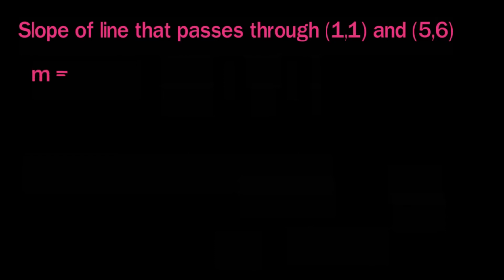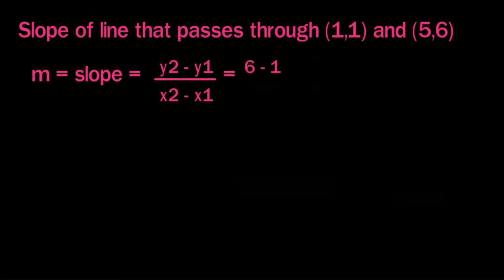The first thing we do is use the slope formula: y2 minus y1 over x2 minus x1. Here y2 is 6, y1 is 1, x2 is 5, x1 is 1. So you will eventually get 5 over 4 as the answer for the slope.